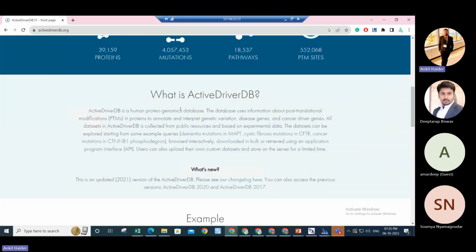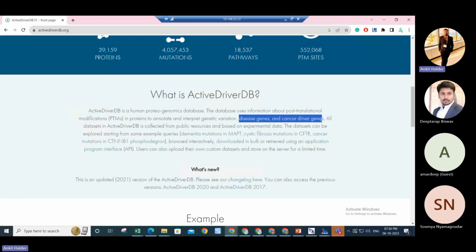So what is ActiveDriverDB? It is a human proteogenomics database. These are all resources of which I am just giving you an overview, which you can definitely go back and look into in much more detail. This database uses information about PTMs in proteins to annotate and interpret genetic variation, genes and cancer driver genes.